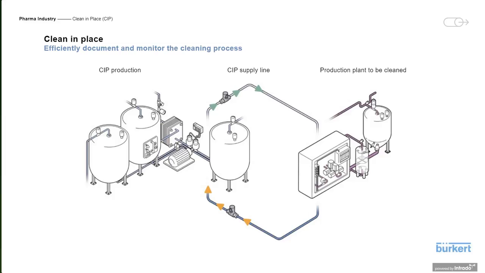The reason I like FlowWave in this application is because of its multi-parameter functionality, apart from just being a flow meter. A typical CIP system has some basic steps that apply to almost all CIP systems, regardless of whether it's pharmaceutical, food, beverage, dairy, or brewery.